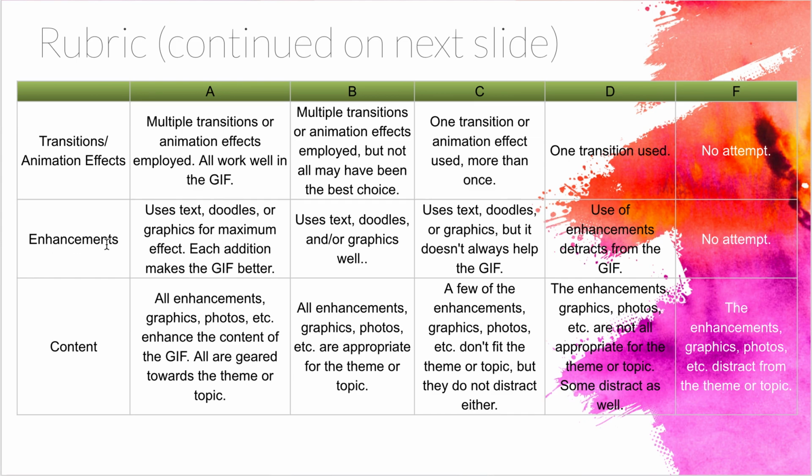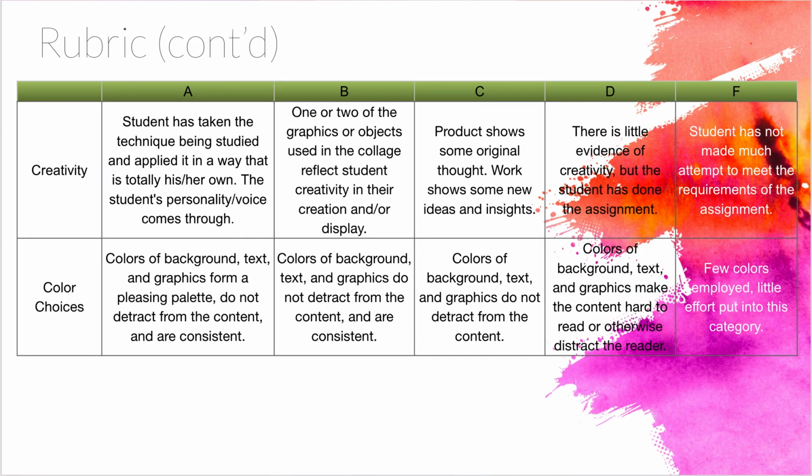Enhancements, that's going to be your text, your doodles, your graphics, adding shapes. Anything like that is going to be an enhancement. Content, you were given a topic or you picked one of the given topics. Did you follow what you were supposed to do? Creativity, am I getting 12 of the exact same thing?